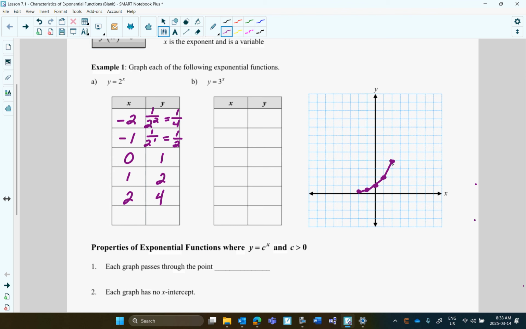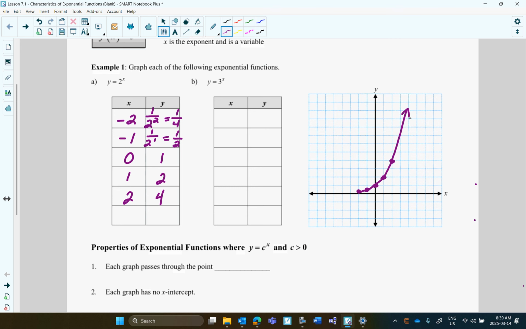Now, if we kept going, well, 2 to the 3 is 8, so it's up here. 2 to the 4 is 16, so it goes even higher. So it's climbing like this. You've got to be careful with what's going on as it goes to the left, though. As it goes to the left, 2 to the -3 is 1 over 2 to the 3rd, which is an 8th. 2 to the -4 is 1 over 2 to the 4th, which is a 16th.